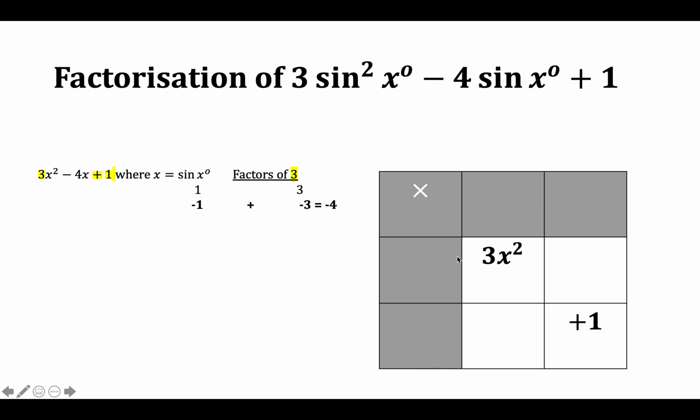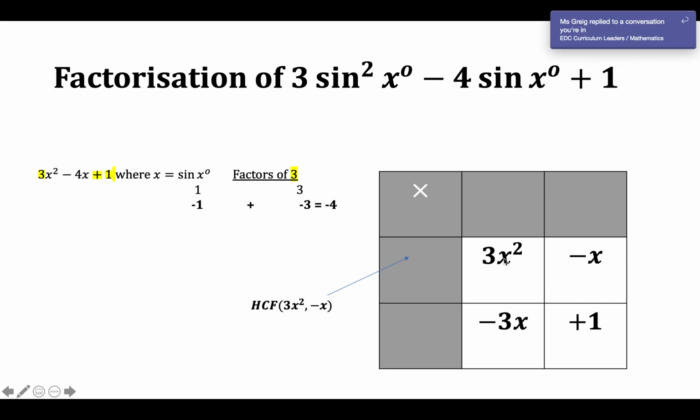Remember, we put in our square term and our constant term, and our x terms are made up using the factors of the 3 that we found. So instead of -1 and -3, it's actually -x and -3x. Now, we need to find the highest common factor of the top row, which is x. Then x multiplied by what gives us 3x squared?